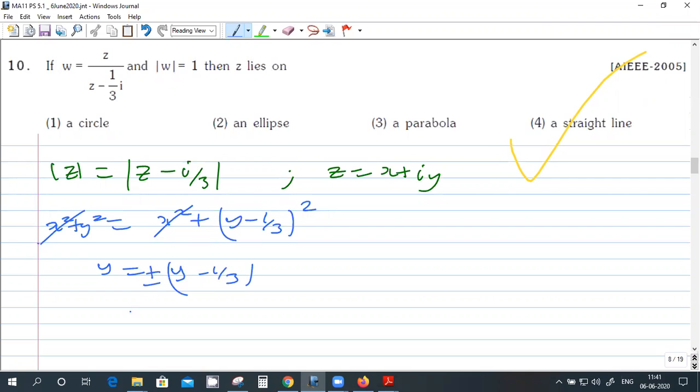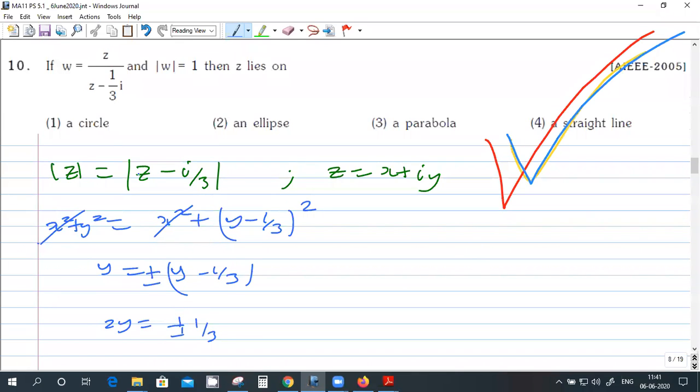What is the equation of the line? Minus 2y, 2 by 3y plus 1 by 9. 1 by 6 or 1 by 9? Sir, 1 by 9. Okay, what I did is correct.